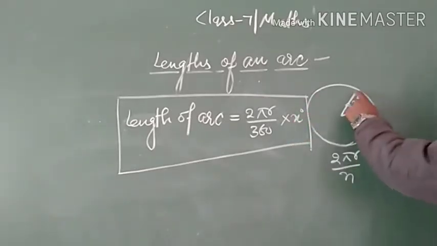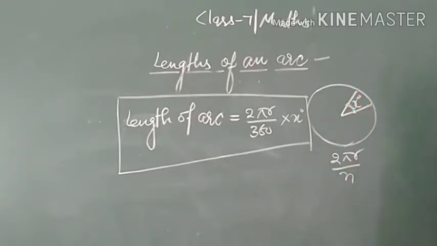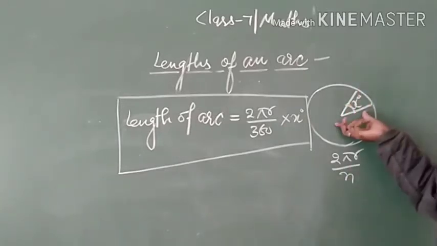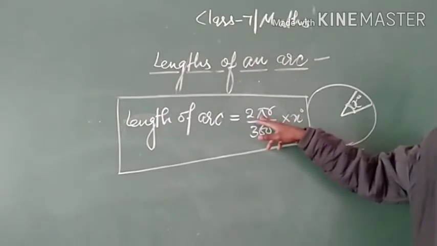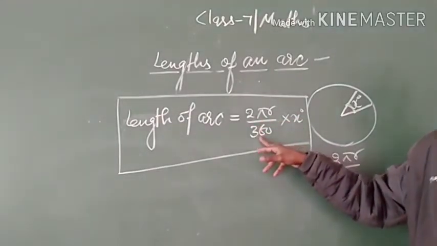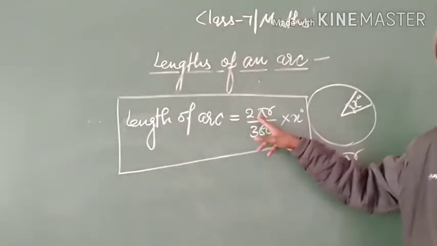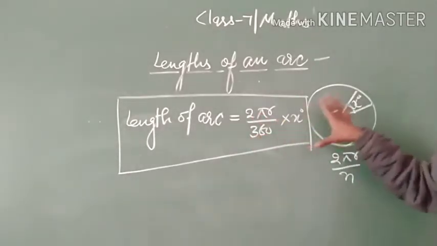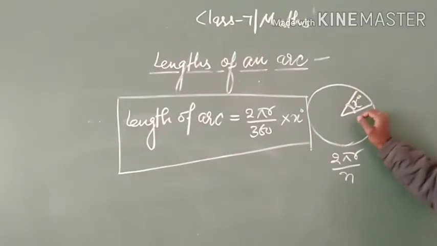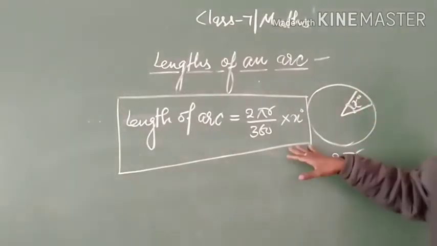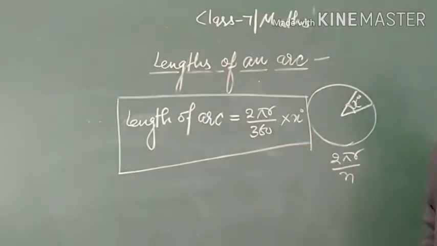This x degrees represents the angle subtended by the arc with the radius r. The 2 pi upon 360 cancels out because the value of 2 pi is equal to 360 degrees. Therefore, the complete length of the arc is r into x degrees. So we shall use this formula in order to get the value of the length of an arc.